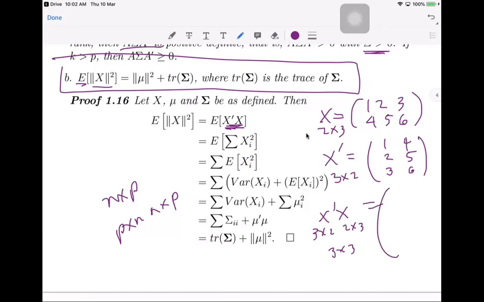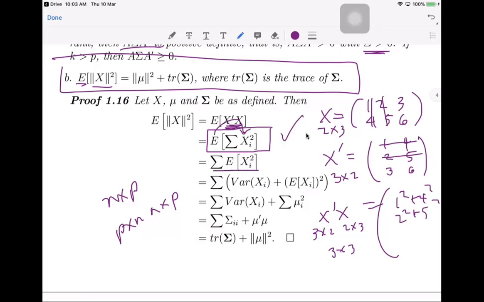Are you with me? That will be 1 square plus 4 square, and then 2 square plus 5 square, and so on and so forth. You can do that too. So this is the summation of x_i squared. Okay?